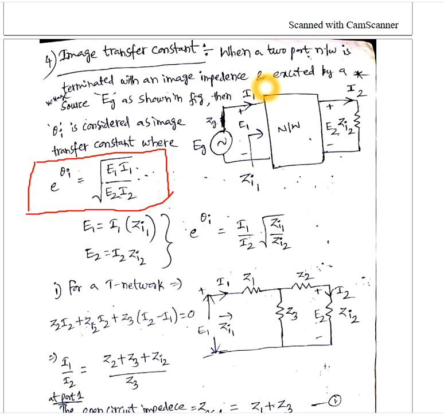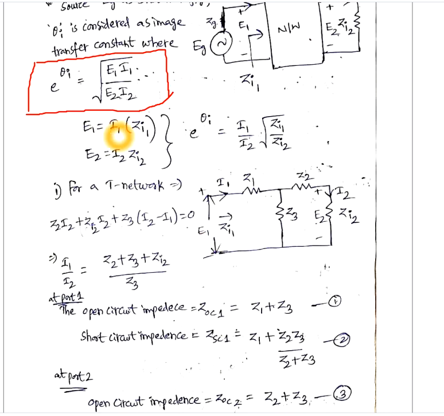The network should be terminated by the image impedance Zi2, and the impedance seen from port 1 is Zi1. E1 is I1 into Zi1, and E2 is I2 into Zi2. If you replace E1 with I1 Zi1 and E2 with I2 Zi2, you will get e to the power theta I equal to I1 by I2 into the square root of Zi1 by Zi2.